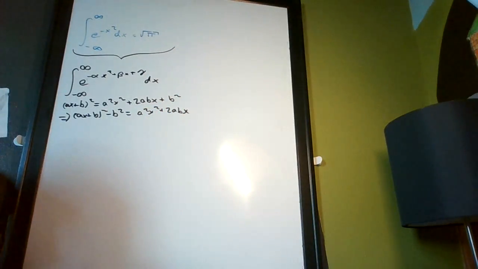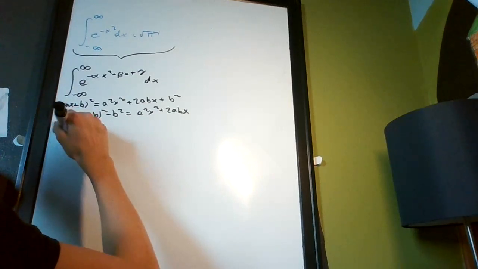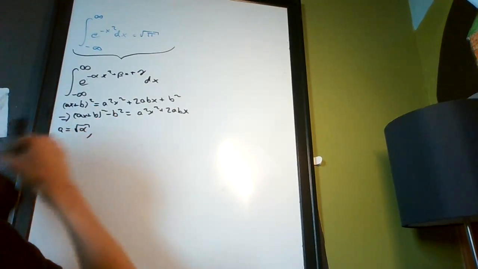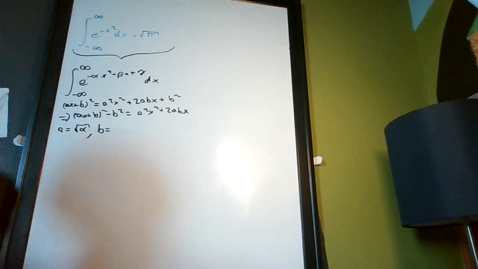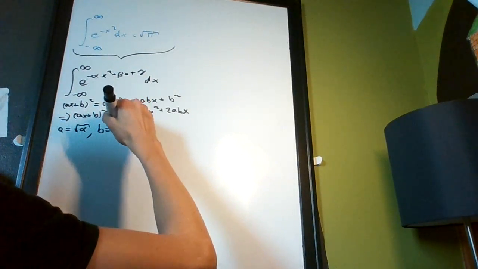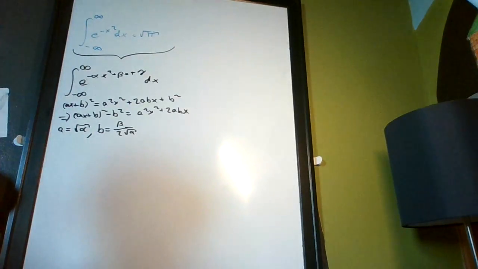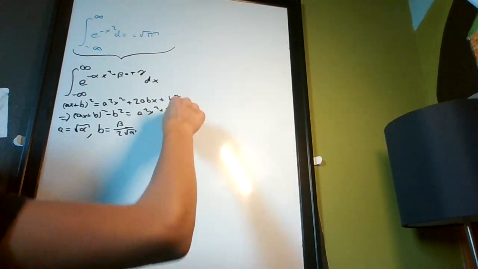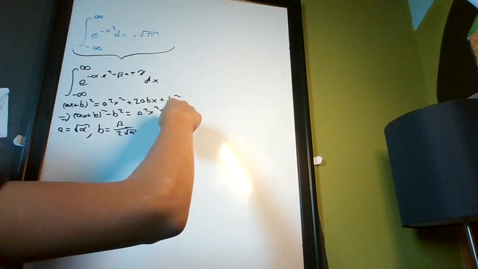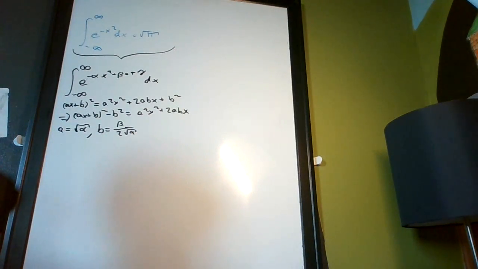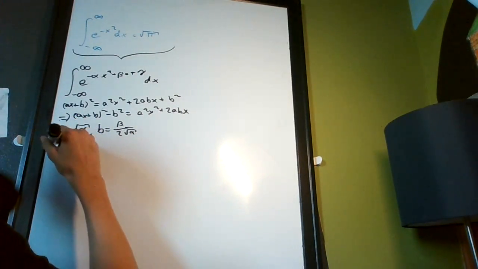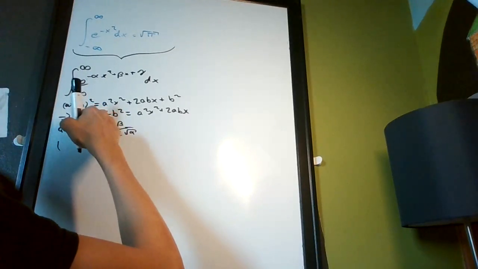Now, why is this good? Because I can take a equals the square root alpha and b equals beta over 2 square root alpha, right? So that I cancel out the a here and the 2 there, right? So then I end up getting that right here.